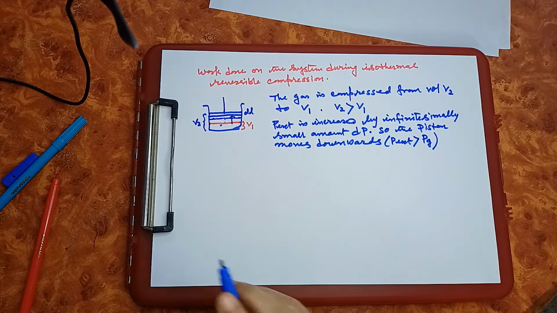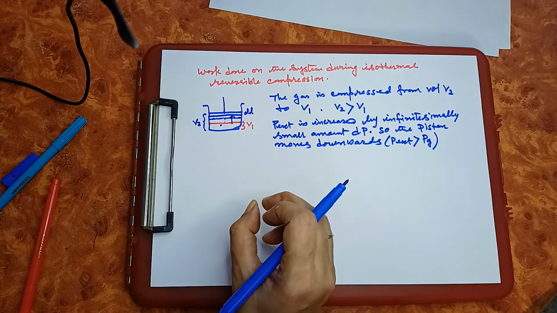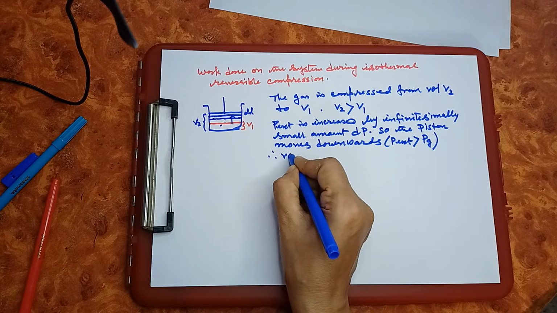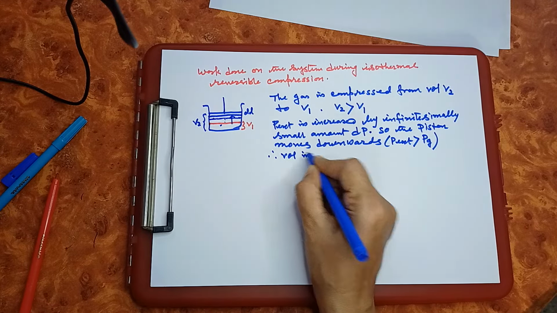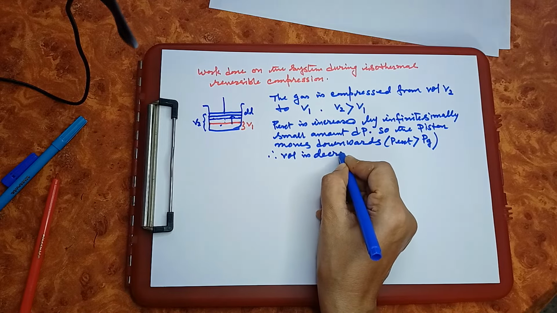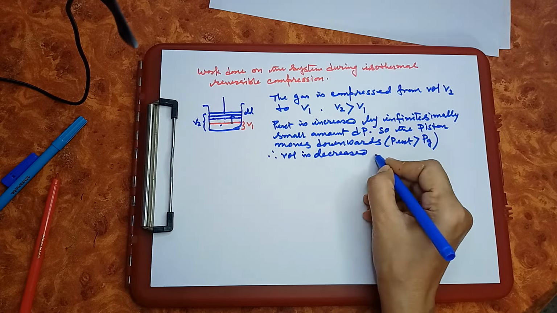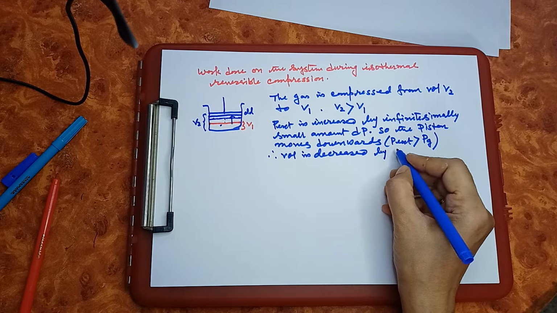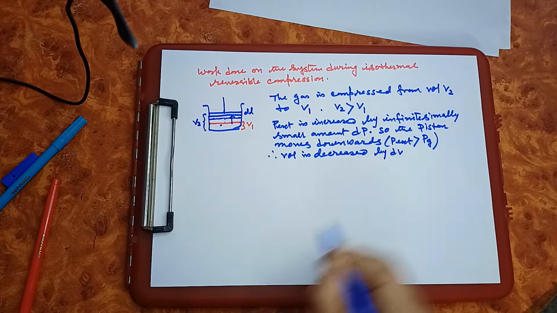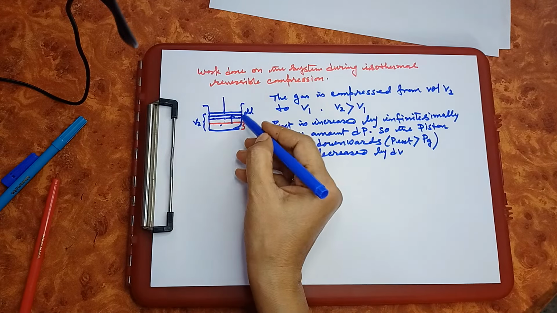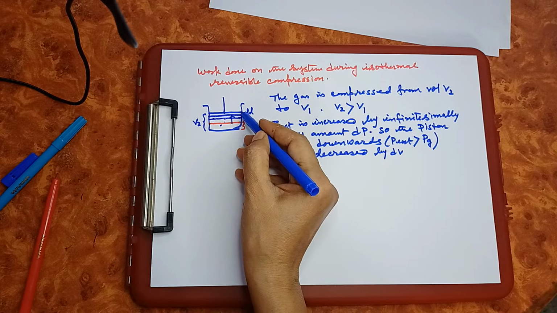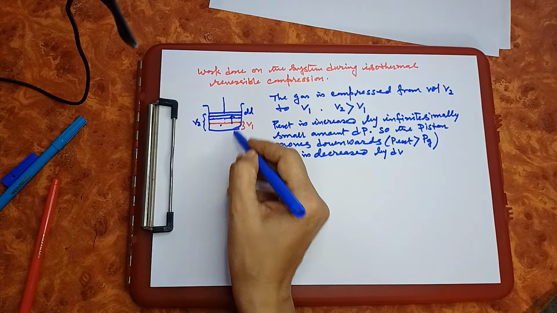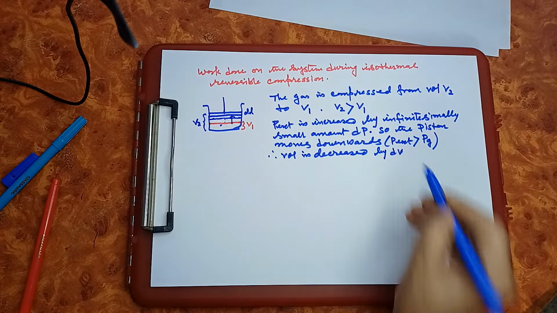Therefore the volume is decreased. How much volume is decreased? Say it is dV. So every time it is coming downwards by a small distance dl, that means a small volume is decreased by dV.